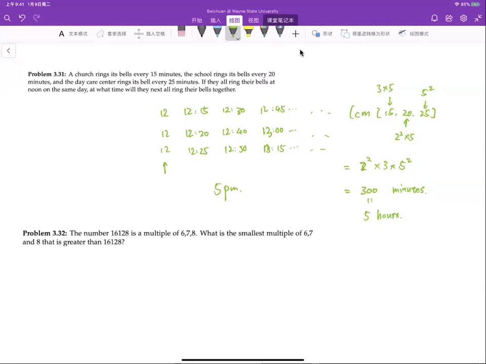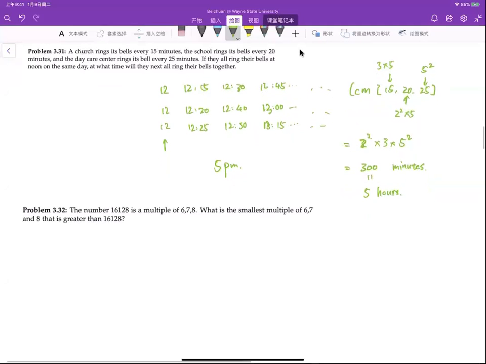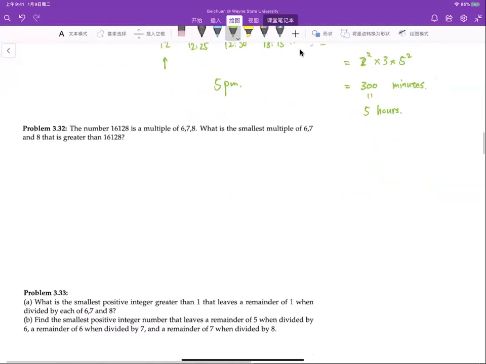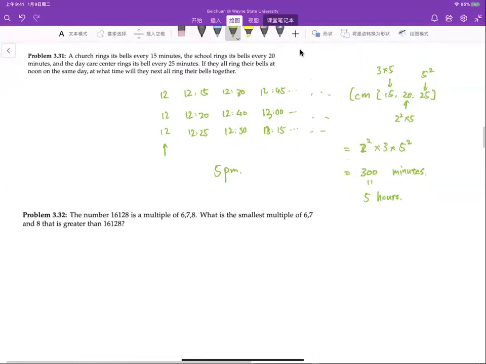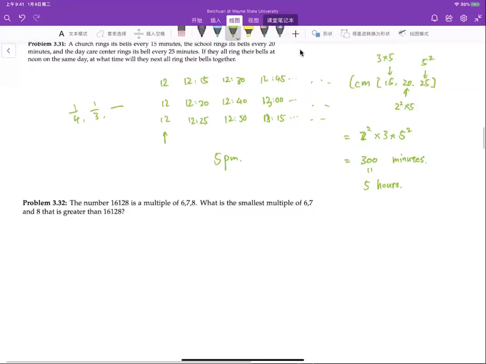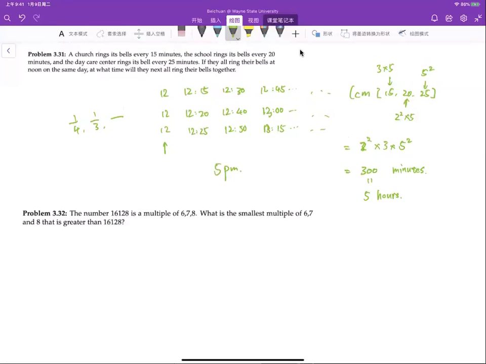All right, so any questions so far? So if you want to calculate it by using the hours directly, that also works. But before that, you have to transform all of the minutes into hours, like 15 minutes is 1/4, and 20 minutes is 1/3, and 25 minutes is 5/12.